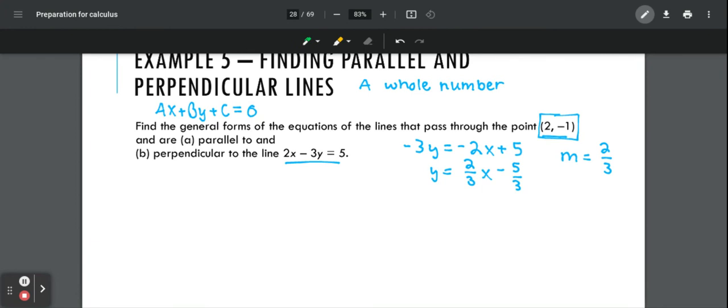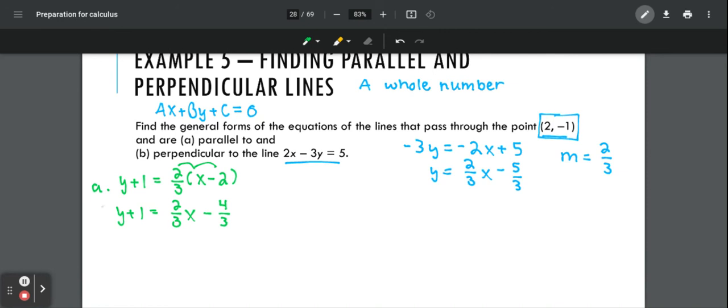So for part A, if we use point-slope form, we'll have y plus 1 equals 2/3 times x minus 2. If we distribute 2/3, we get y plus 1 equals 2/3 x minus 4/3. Remember that the number in front of the x needs to be a whole number.